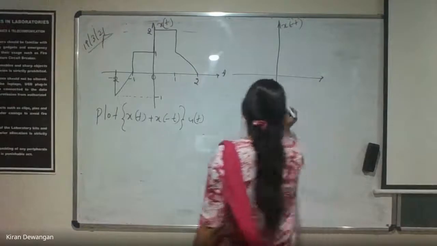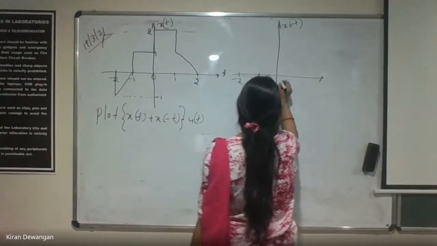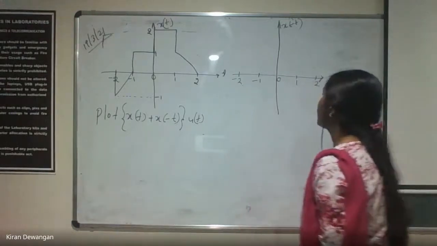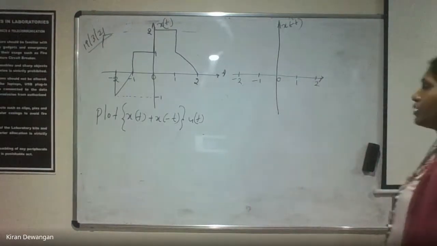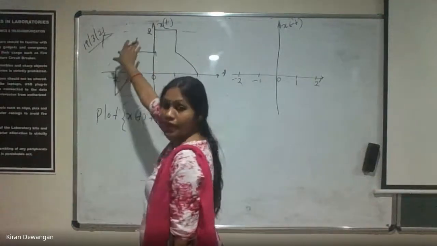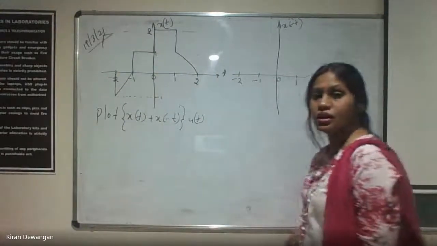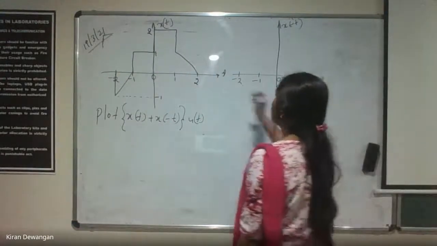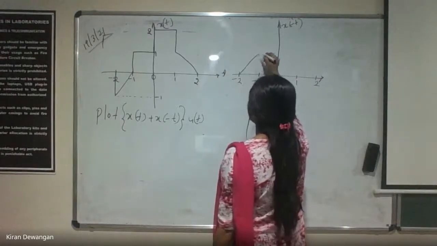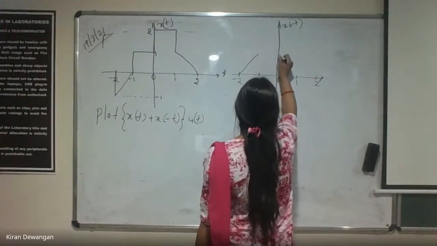X of minus t will have again values starting from -1, -2, 0 and 1. All these values, the positive t will be coming to the negative side. The negative t will be coming to the positive side. Okay? So we'll start from here. This is going in this direction. At this point, this value is 1.